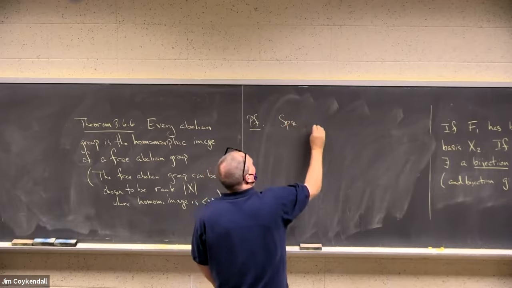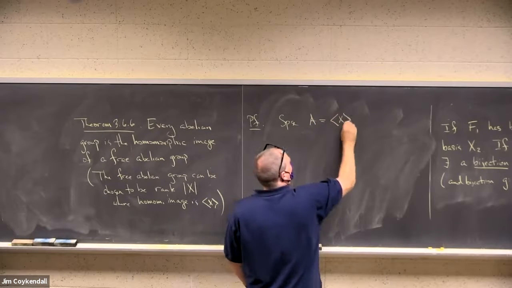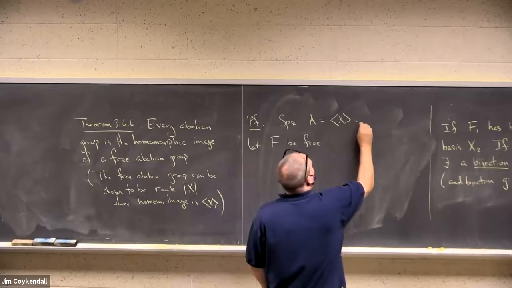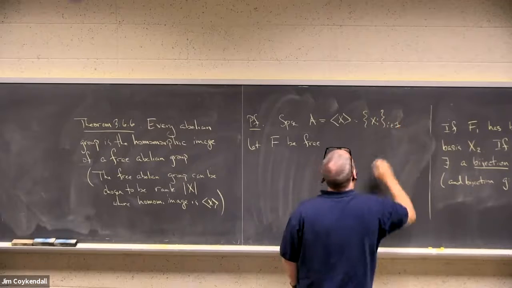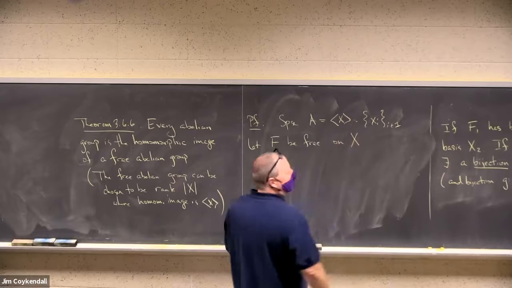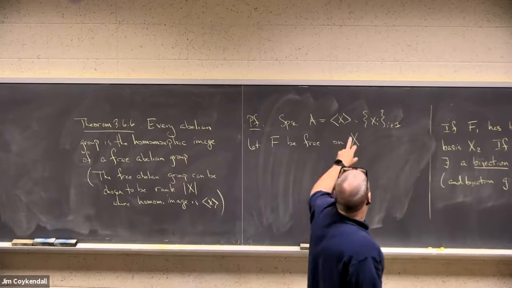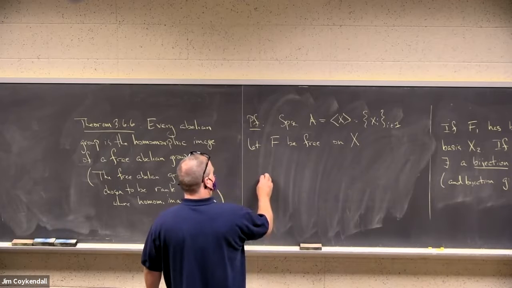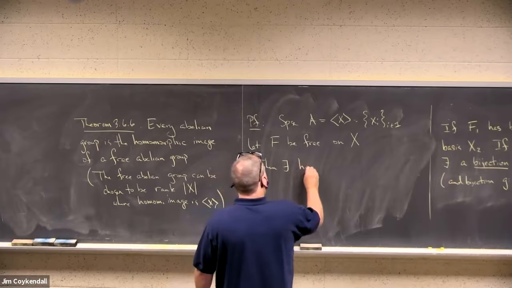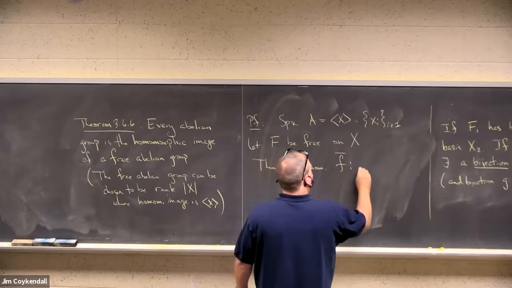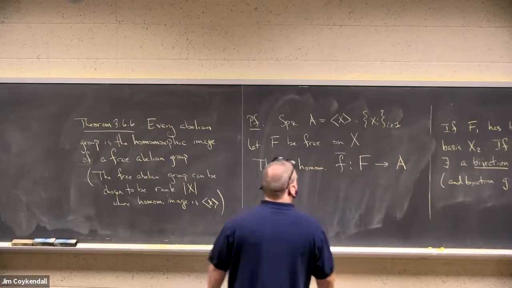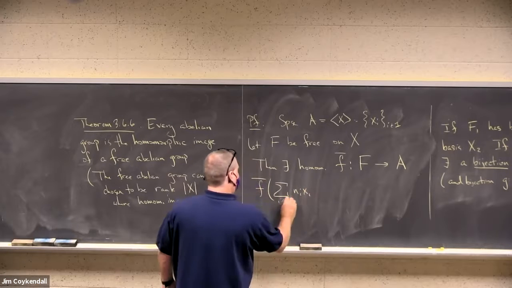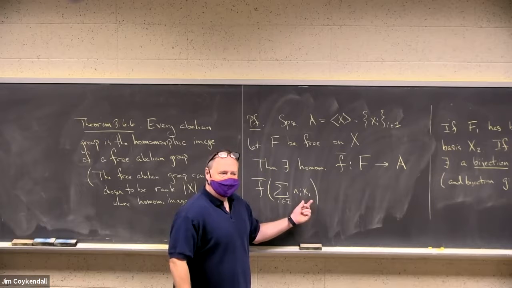Suppose A is generated by X. Let F be the free Abelian group on X. So again, this is the same structure as before: in X, we just forget about relations in A. Then there exists a homomorphism F bar from F to A given by F bar of the sum of n_i x_i. And here the x_i's have no relations other than that they commute with each other.